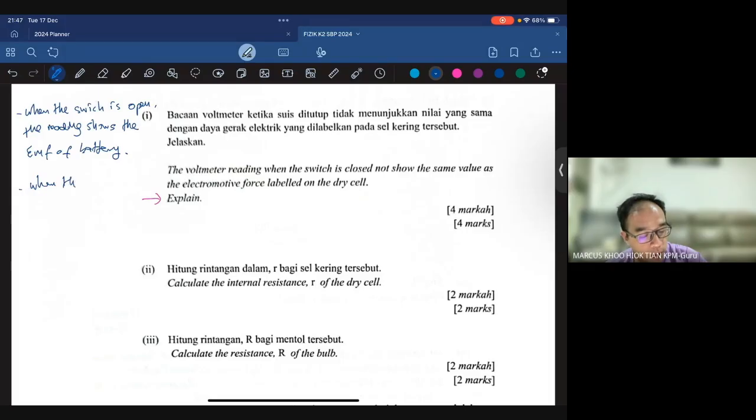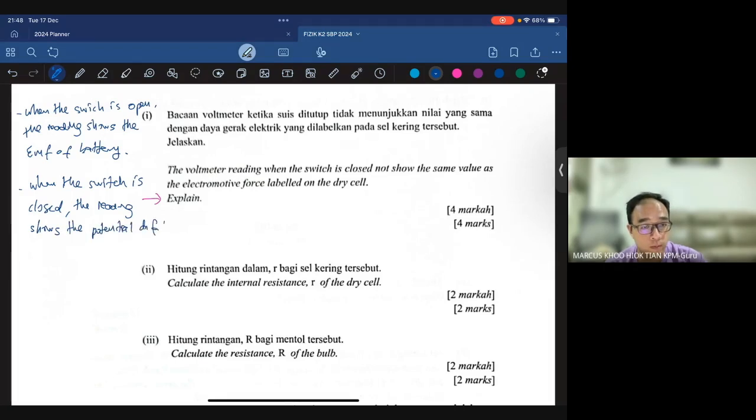When the switch is closed, the reading shows the potential difference of the circuit. So it becomes 3.0.